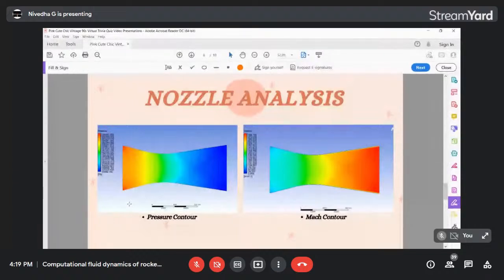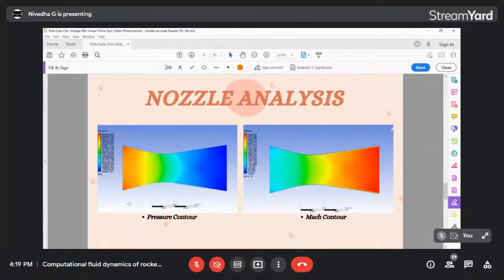But you get a residual plot, which tells you the various nozzle parameters that are extracted during the iterations. When you run the iteration and the solution meets the conditions which you have given, that is your output conditions, that is when it is said that the solution is converged.